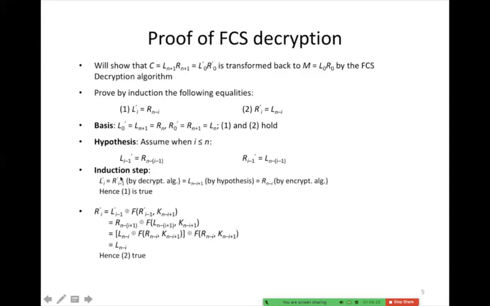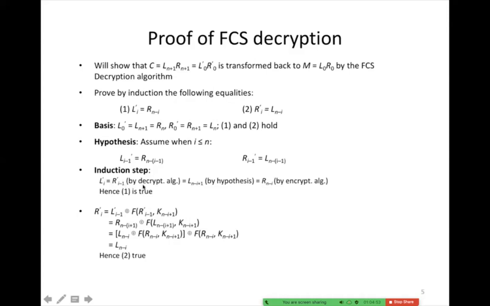So now we want to conduct an induction step. First we look at L sub I prime, by the decryption algorithm, from the previous R sub I minus 1 prime.